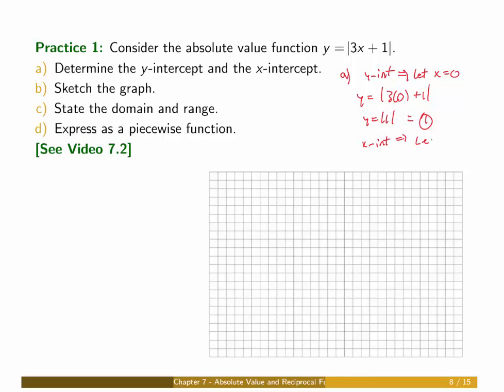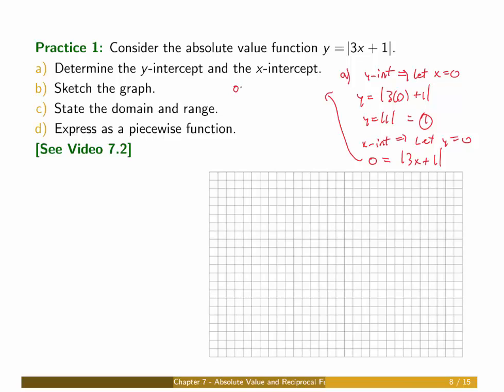will be let y equals 0. Now here's something that's important. We have 0 equals absolute value of 3x plus 1. Because you're equating this to 0, you can actually eliminate the absolute value signs, because the absolute value of 0 is 0. So let me just write this over here.